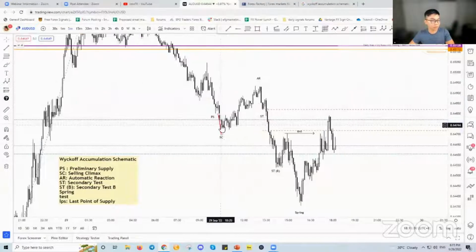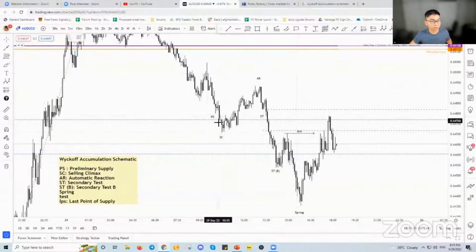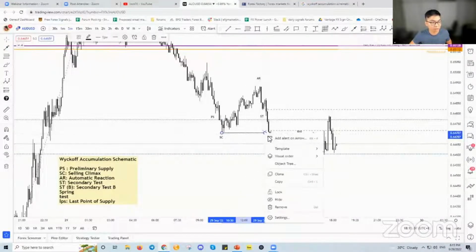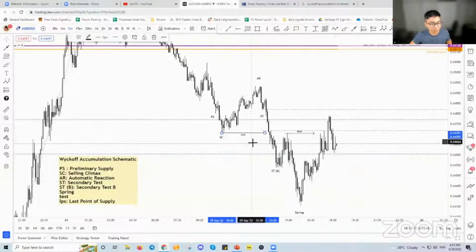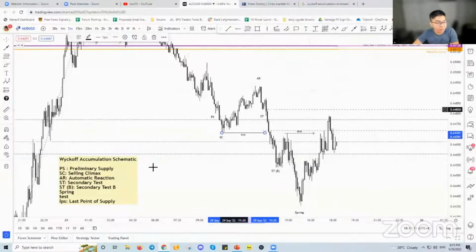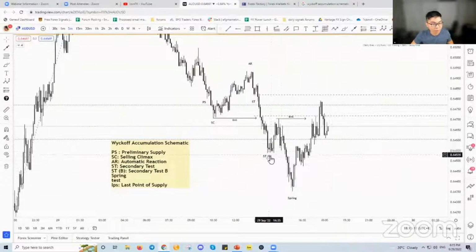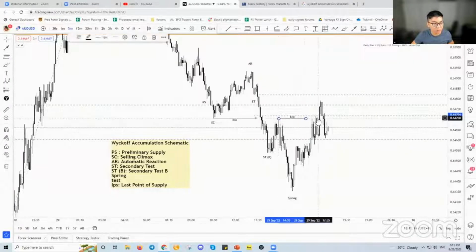Because it broke structure, that is why we have the secondary test B. Break of market, BMS means break of market structure. So we have the secondary test B broken already. Break of market structure.